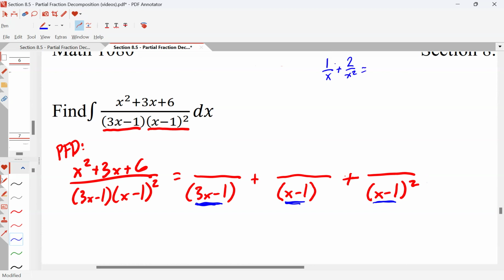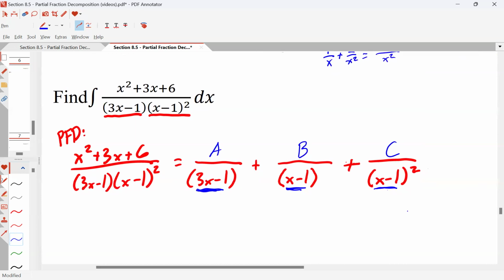We already have that simplified down. If we put more to it, we could have broken it up in a different way. So all of these are at their base linears. So we're going to put an A, a B, and a C, since we only need constants above a linear.